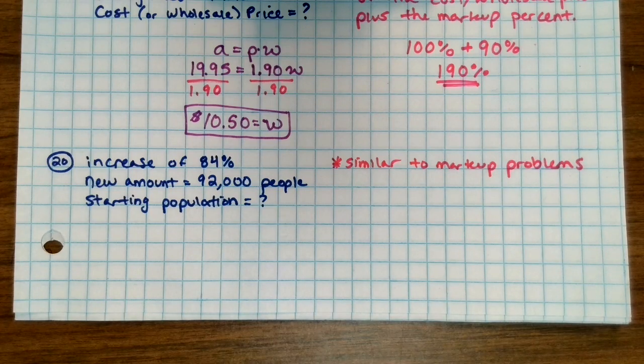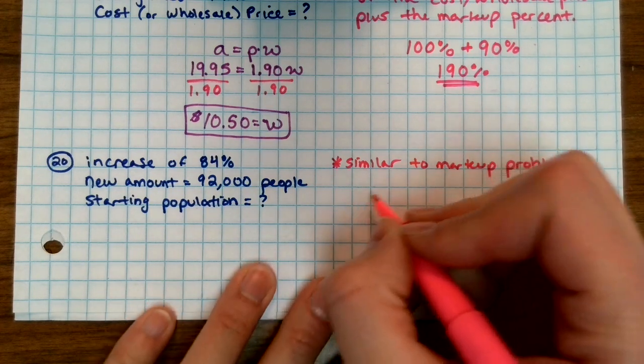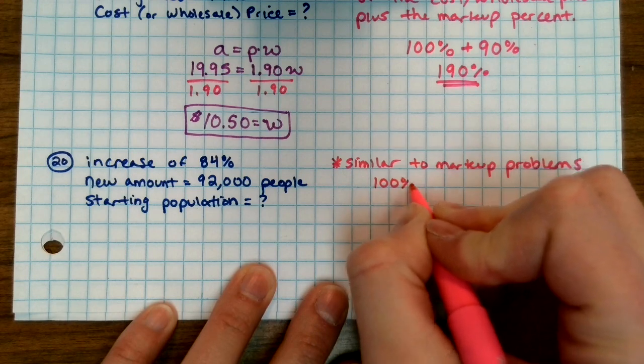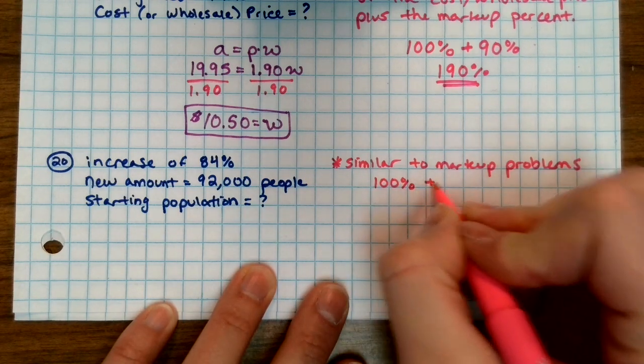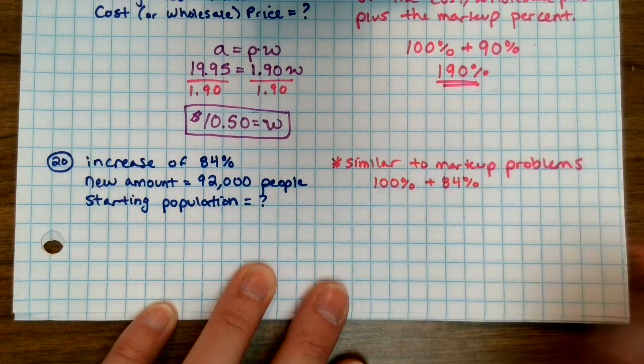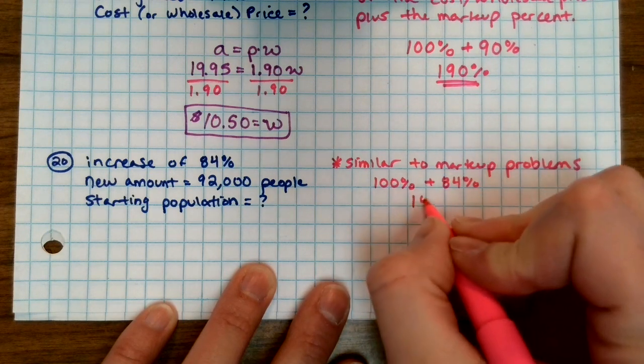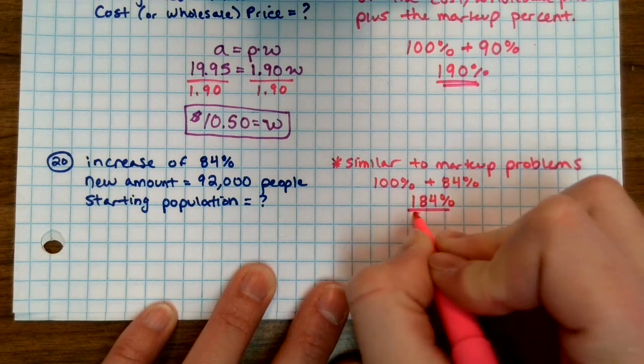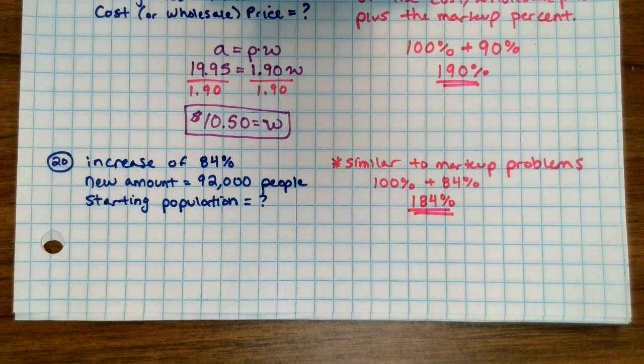That means you started with whatever the value was to start with, that's 100%, plus the amount of the increase. So the percent we're going to use in this problem is 184%, because you have your 100% starting amount plus the 84% increase, for a total of 184%.